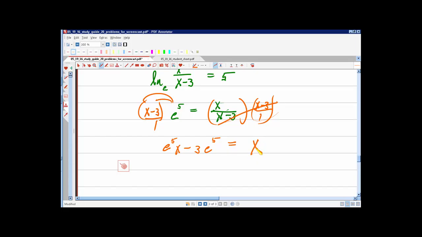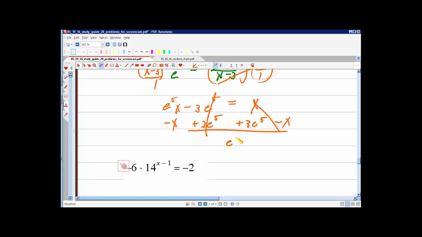Okay, so now I'm going to add 3e to the fifth to both sides, and I'm going to subtract x from both sides. So now I'm going to get e to the fifth x minus x equals 3e to the fifth.